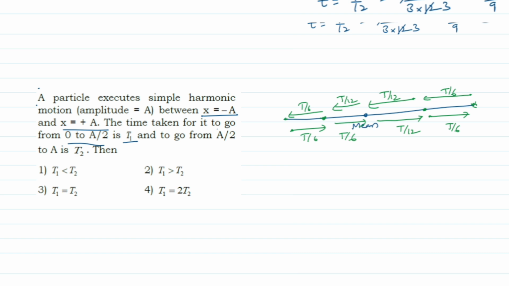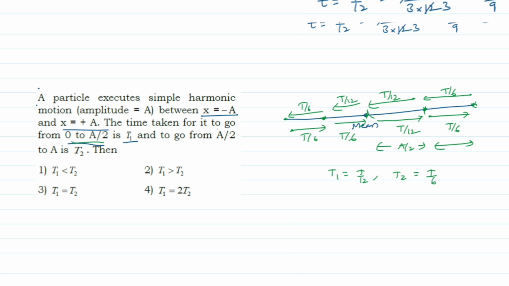Now the time taken to move from 0 to a by 2 distance, that time interval t1, will be equal to T by 12. Next, to go from a by 2 to a, you reach from here to here, and this t2 value will be T by 6.